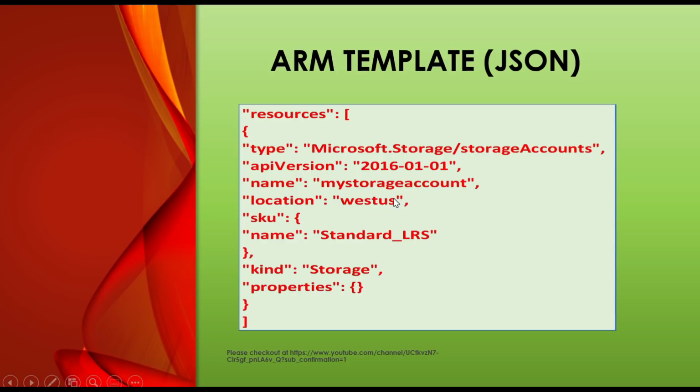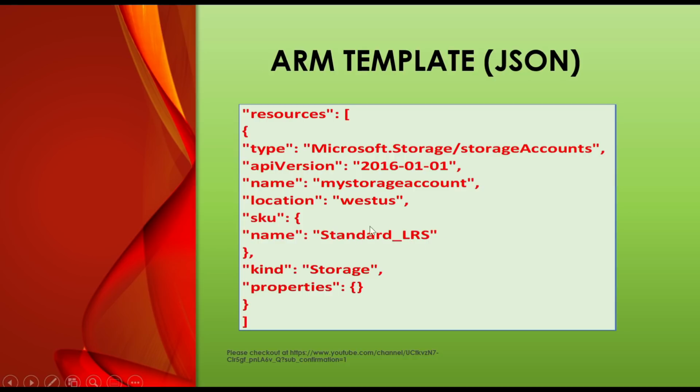In this template we are using West US as the location, and then the SKU. Since we're using a storage account, this will be a SKU related to storage, and it will be utilizing Standard LRS. LRS is locally redundant storage.